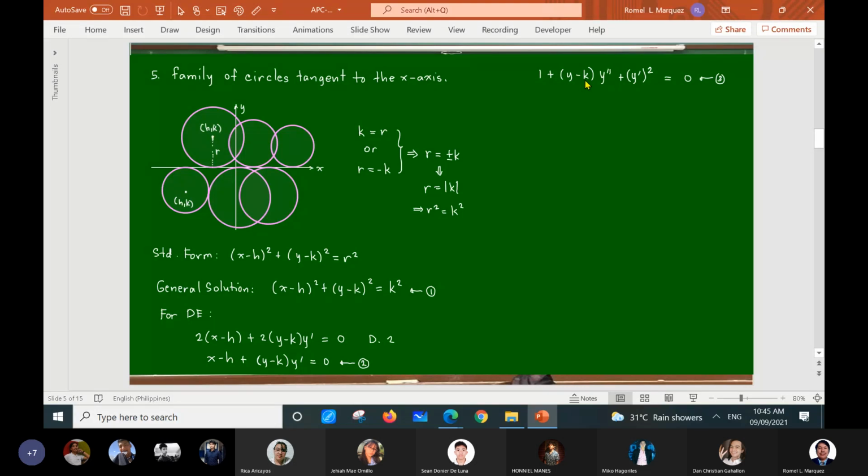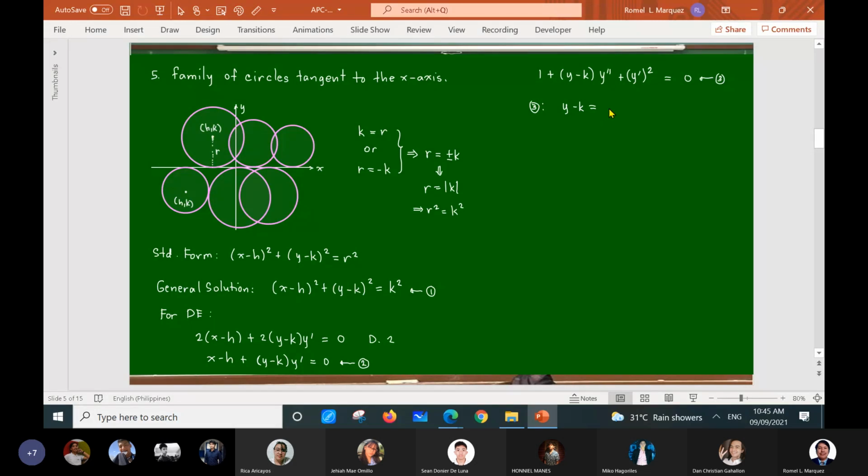So we substitute y minus k to the general solution. And also, we substitute x minus h to the general solution. Okay, guys? And then we solve for k here kasi we need also k. Am I correct, children? So, from 3, solve for k, we have y minus k is equal to, kaya you must be very good in algebra.